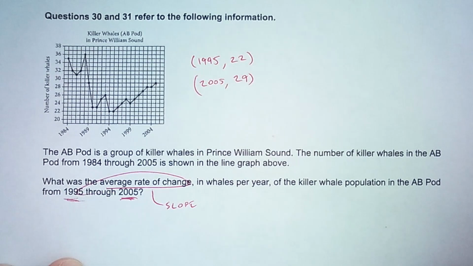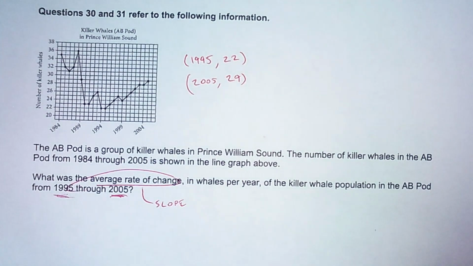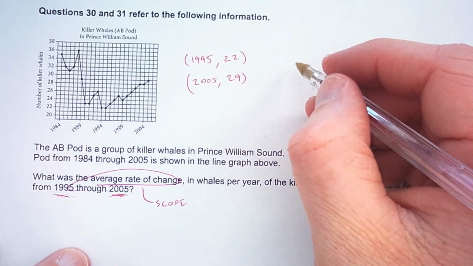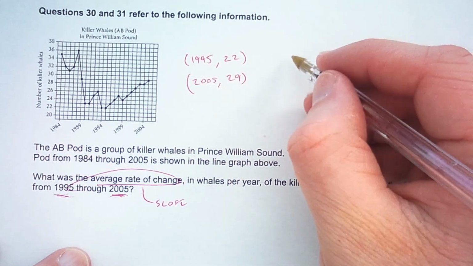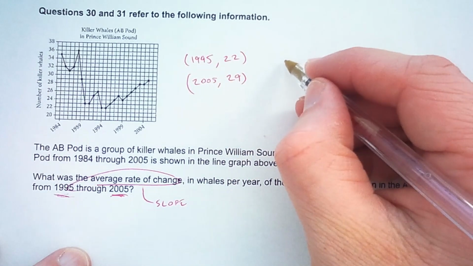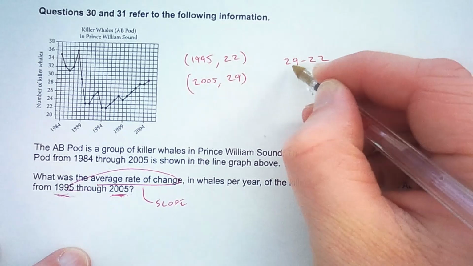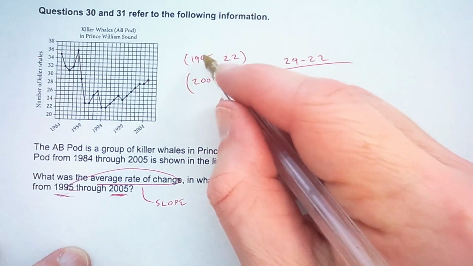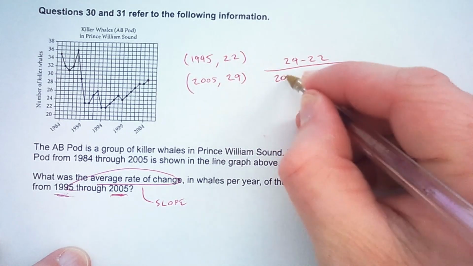Okay, so those are the 2 points, and we're going to find the slope based on those 2 points. Okay, so for a slope, it's y minus y over x minus x. So let's use the bigger numbers first so we don't have negatives. 29 minus 22, that's y minus y. X minus x, 2005 minus 1995.